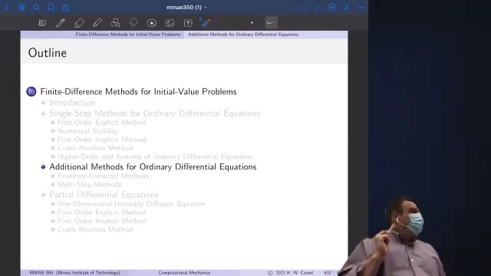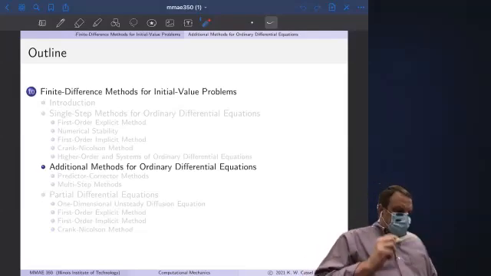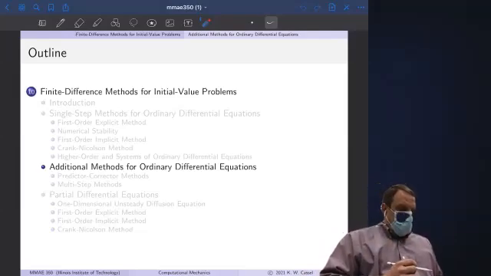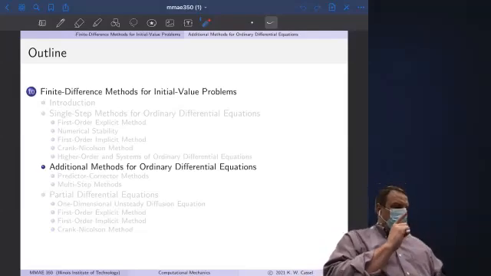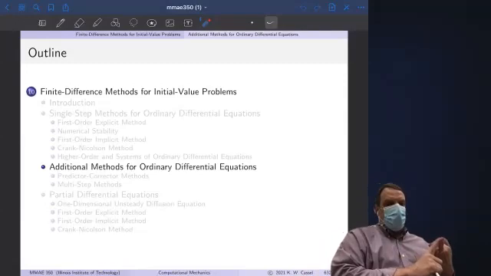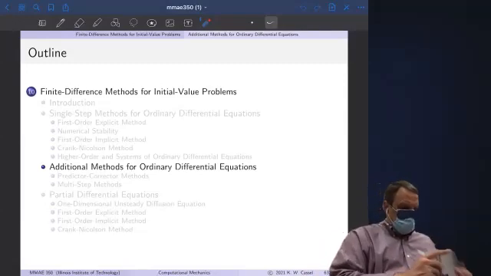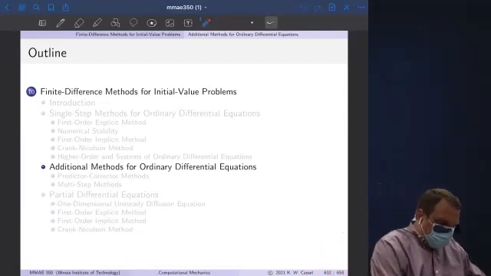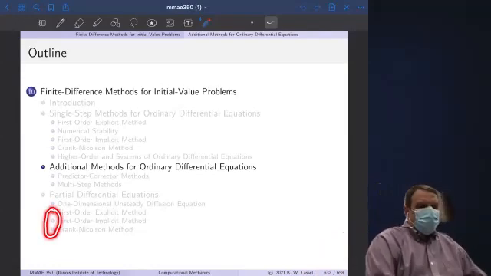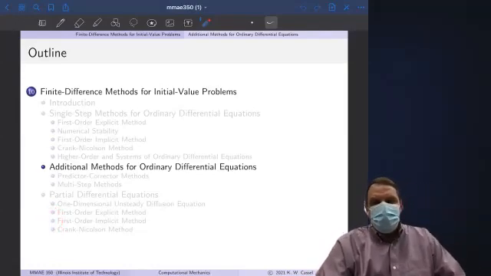So first order explicit and implicit are only first order accurate in time. The implicit aspect improves on numerical stability. And then the Crank-Nicholson is both very stable numerically as well as very accurate, second order accurate specifically. So we're going to use those same three methods in a little bit for partial differential equations. So I'll show you how each of those three methods apply to PDEs as well.